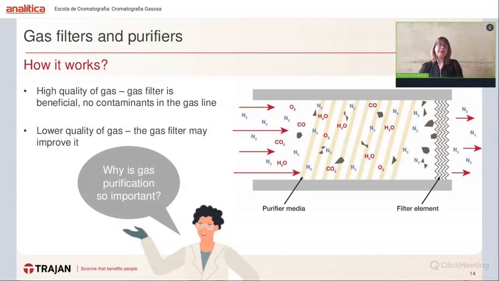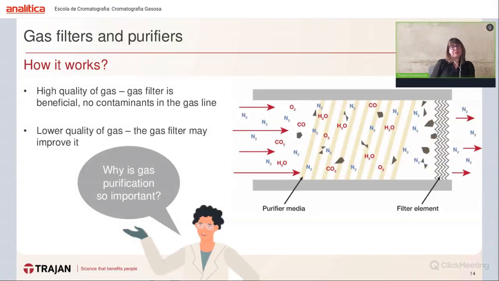So that means all the contaminants are being trapped in the purifier media, and then on the outlet we've got only pure gas. So we are getting a very high quality of the gas. We do not have any contaminations in our gas line after it's been filtered.